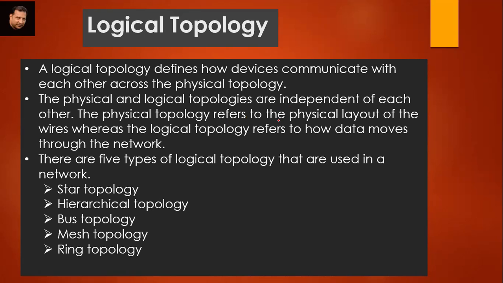Physical topology refers to the physical layout of wires, whereas logical topology refers to how data moves through the network. And for this, we have five different types of logical topologies: star topology, hierarchical topology, also known as tree topology, bus topology, mesh topology, and ring topology. But we are going to discuss only four topologies which are in your syllabus.